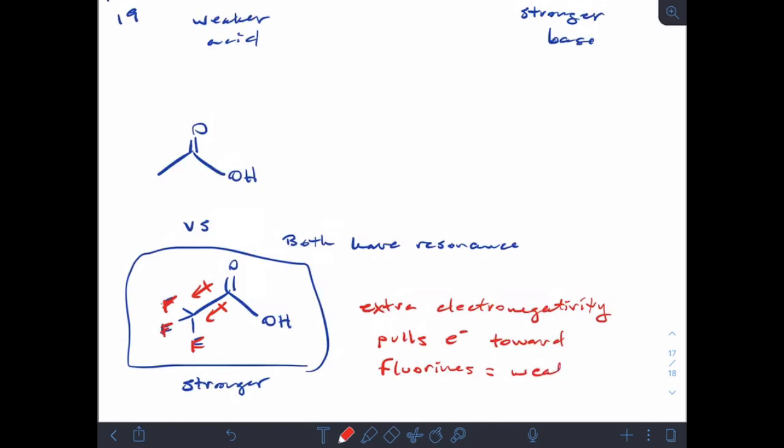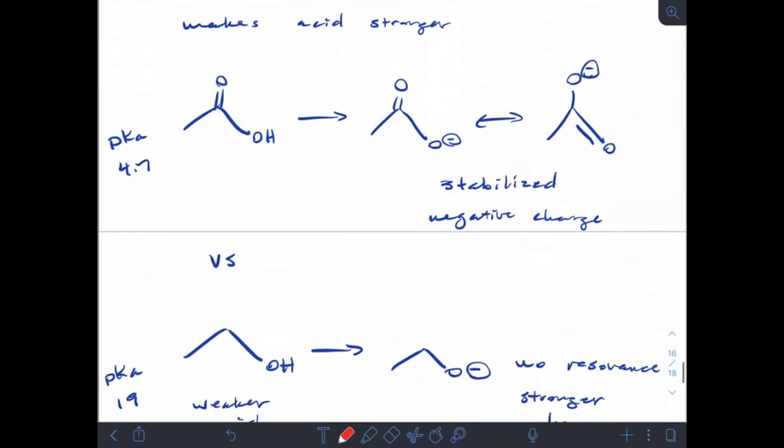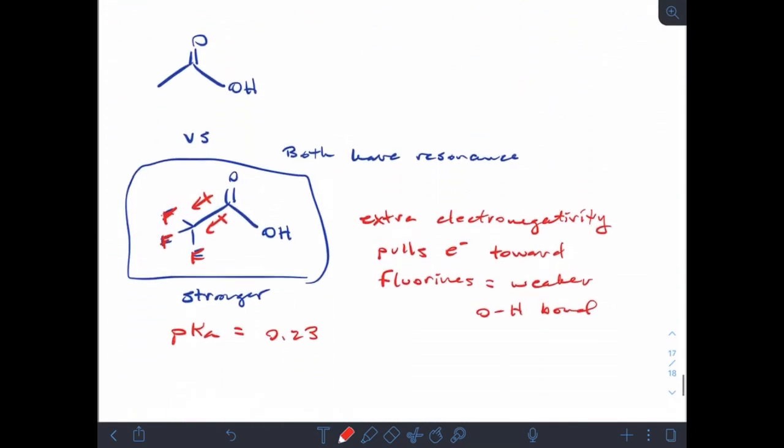Equals a weaker OH bond. Okay, so our pKa for this particular compound, 0.23. It's a very strong acid, as opposed to our pKa for acetic acid, which was 4.7. Right, so resonance plays a part, electronegativity plays a part, difference in orbital overlap energies play a part.